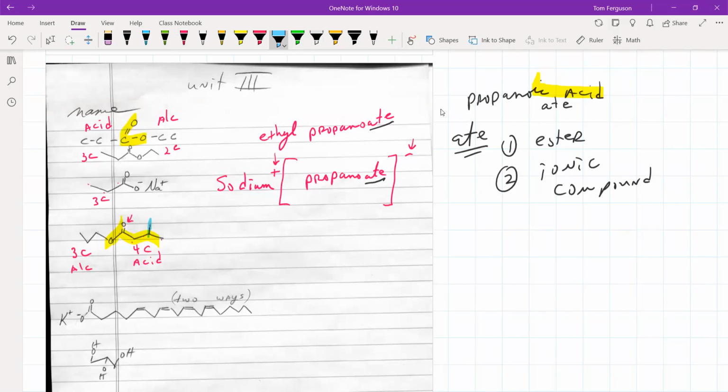So we have the alcohol first, so that's propyl. Then we have the 4 carbon acid, the branch on carbon number 3. So it's 3-methyl butanoate.